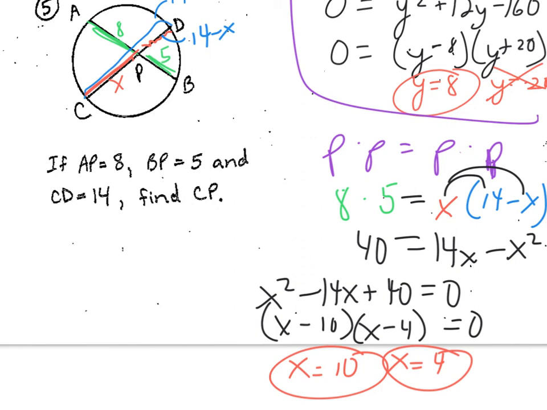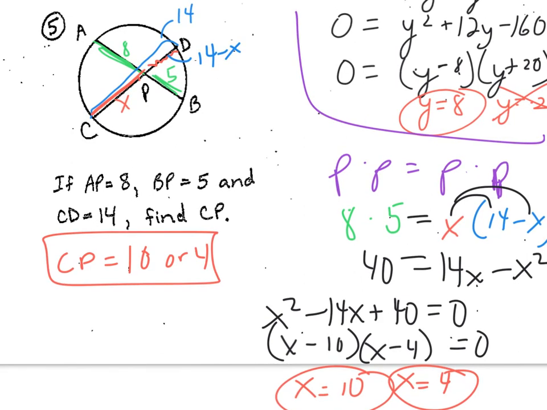Do we necessarily know that CP is actually longer than PD? And if you're questioning it, then that's a good reason that we keep both answers. So you actually do end up with two answers here. My answer would be CP equals 10 or 4. And what's going to happen is that PD is really the other part. So we're going to keep both answers there when we get 2 positive answers.